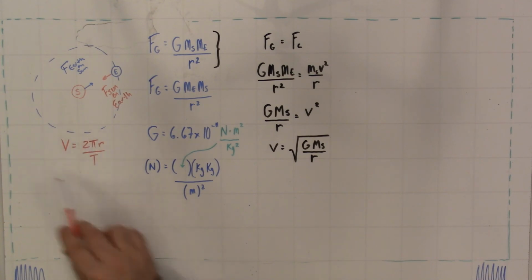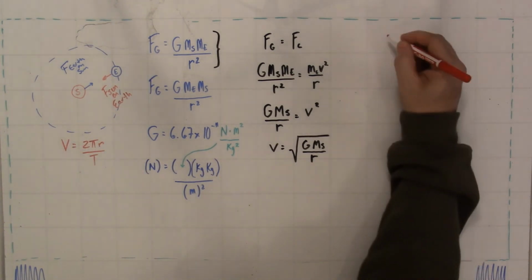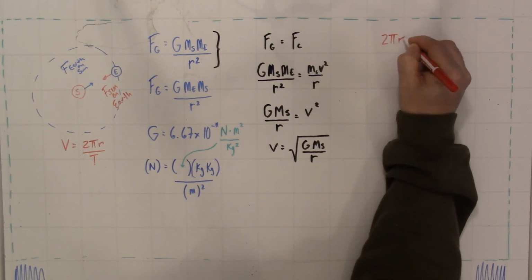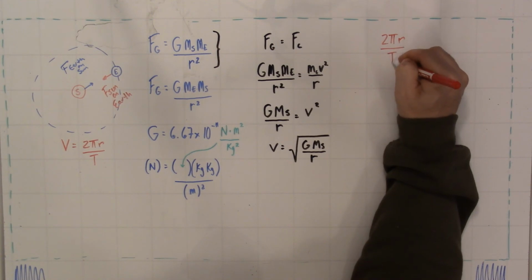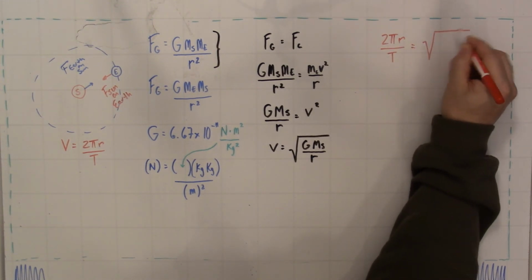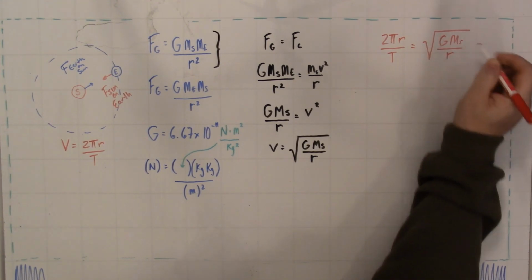So what would happen if I took this and plugged it into here? I would end up with 2 pi r over T is equal to the square root of G m sun all over r.